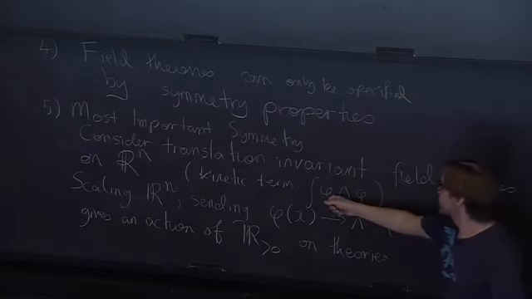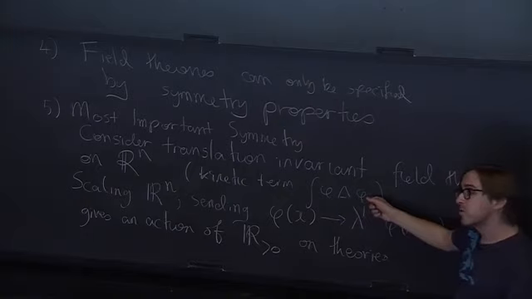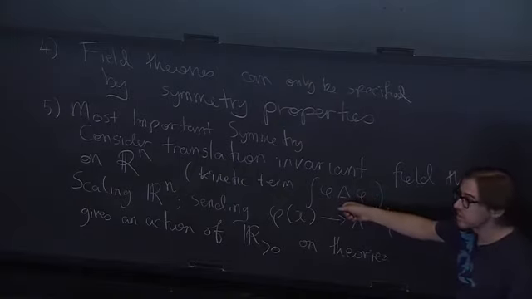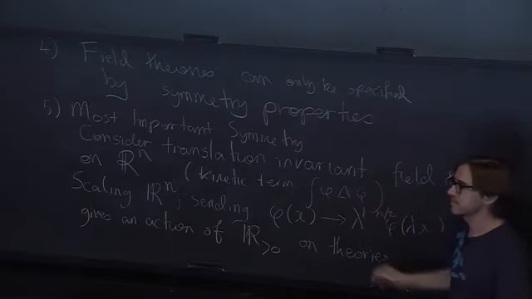You can figure it out just by saying, well, there's a volume form, just dimension n, and there's two derivatives, and then there's two fields.